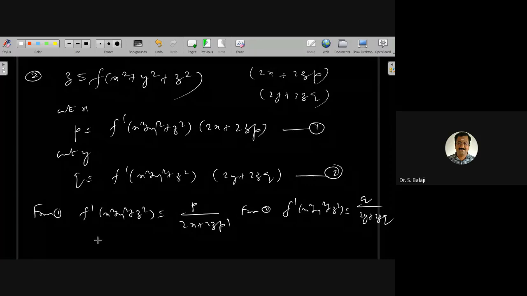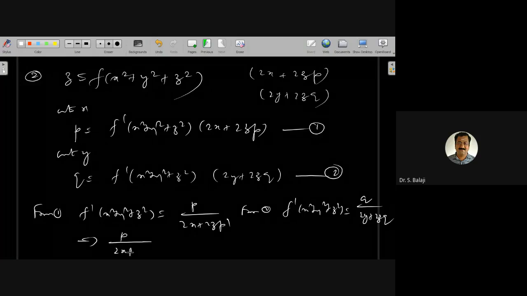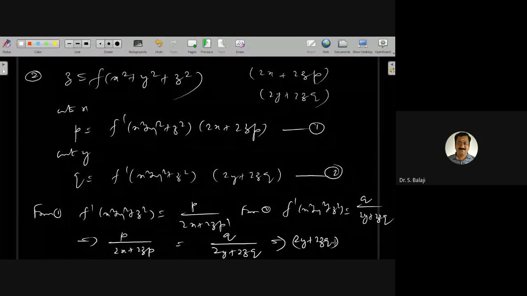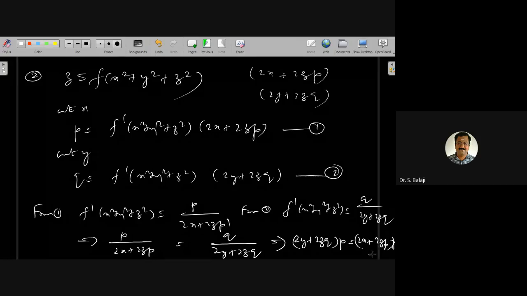Therefore, you have p by 2x plus 2zp equal to q by 2y plus 2zq. You can get 2y plus 2zq into p equal to 2x plus 2zp into q.